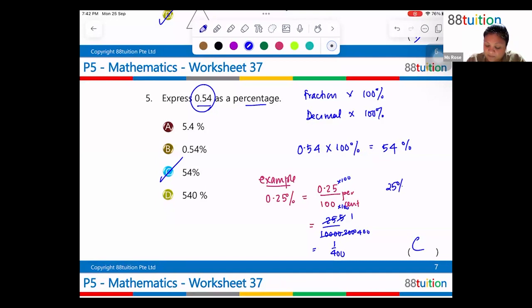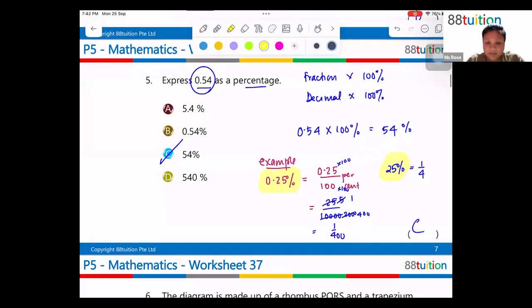If it is 25%, now this is 1/4. Can you see that they are two different? This is 25%, this is 0.25%. They are two different things, so they cannot give the same fraction.